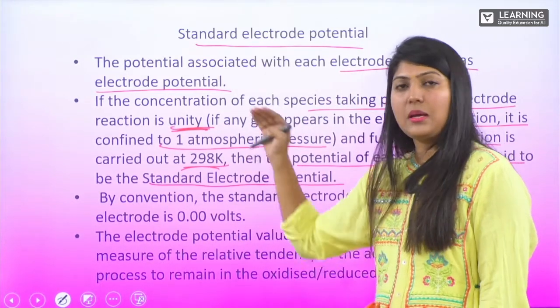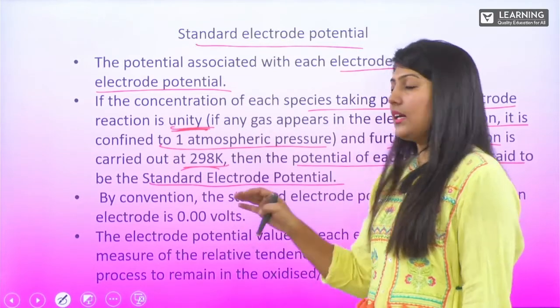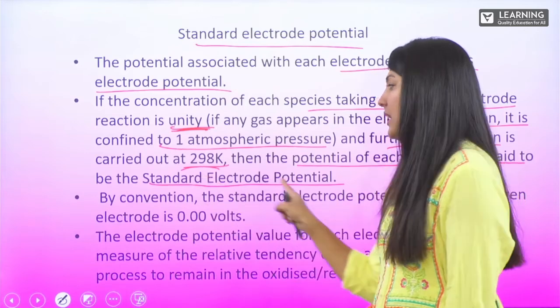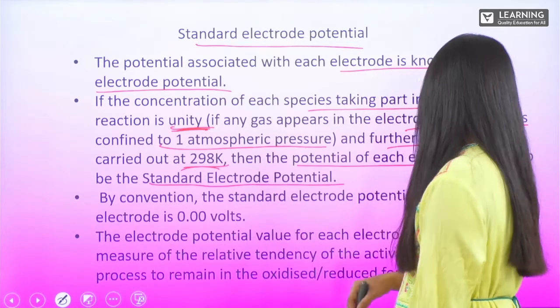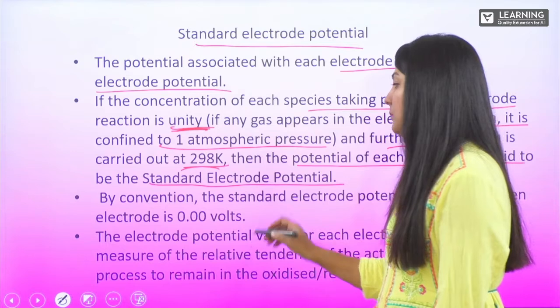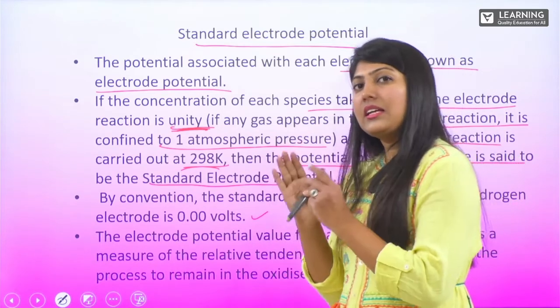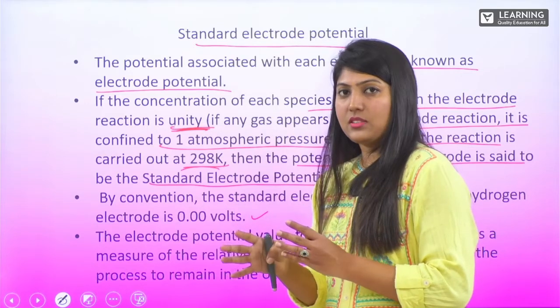So conditions are maintained in such a way that at 1 atmospheric pressure and 298 Kelvin, the electrode potential it displays will be called the standard electrode potential. By conventional method, the standard electrode potential of hydrogen is 0 volts. That means hydrogen will have 0 volts. It doesn't have any electricity which has been passed.